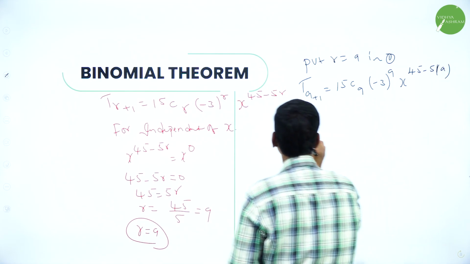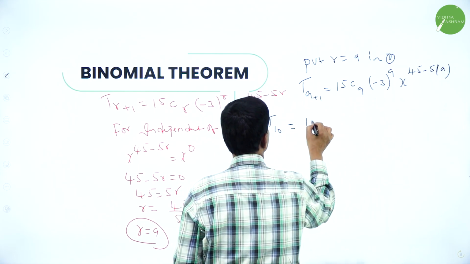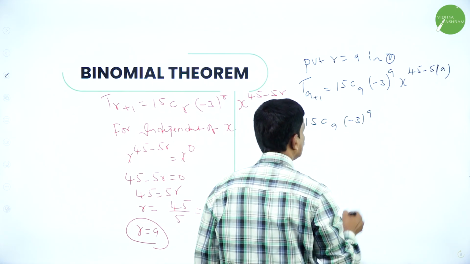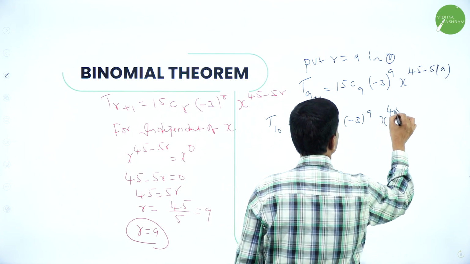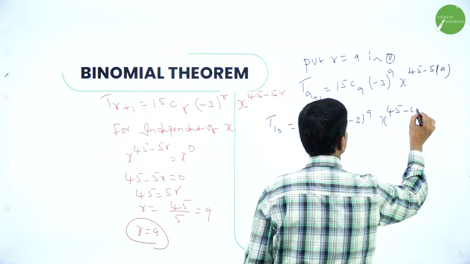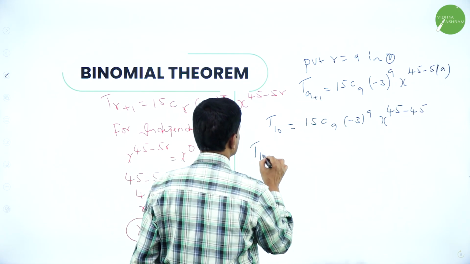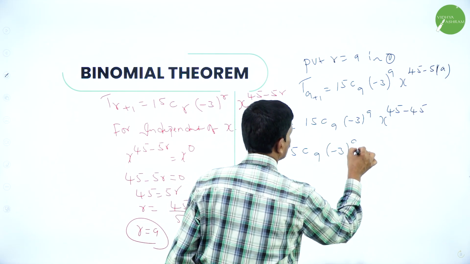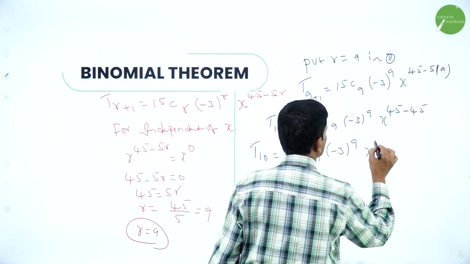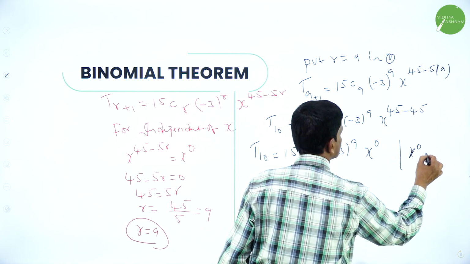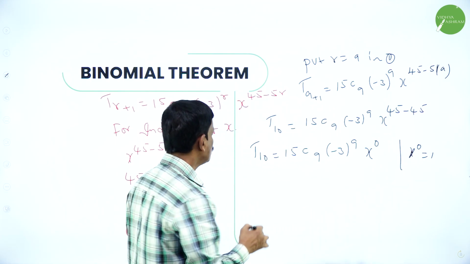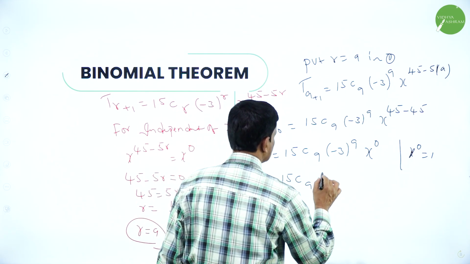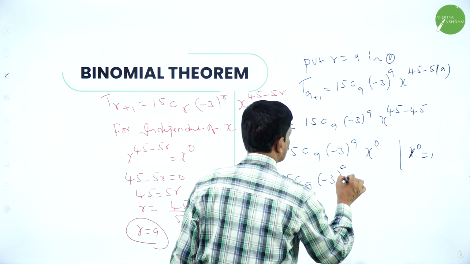So this is equal to T10 is equal to 15C9 (minus 3) to the power of 9 into x to the power of 45 minus 45. Now 45 minus 45 is 0. What is x power 0? 1. So T10 is equal to 15C9 (minus 3) to the power of 9 into 1.